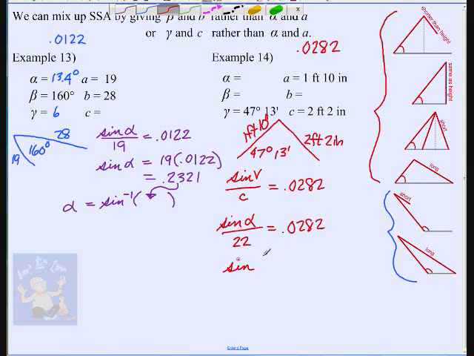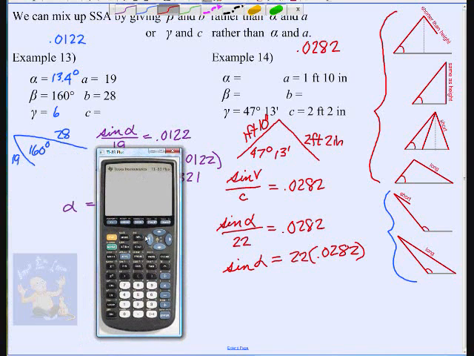Sine of alpha equals 22 times 0.0282, which is 0.6210.